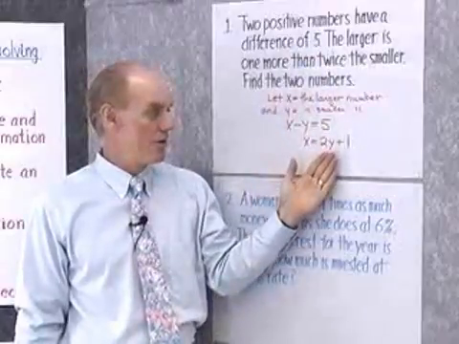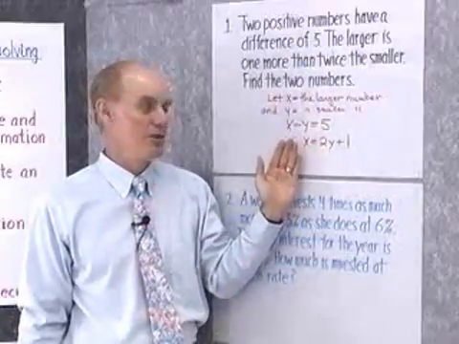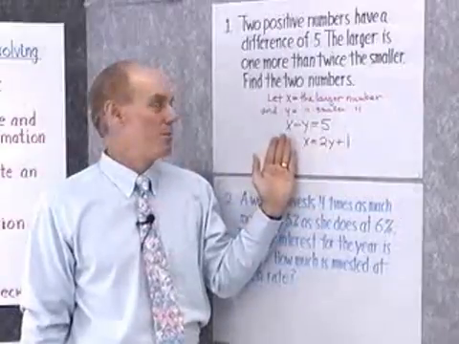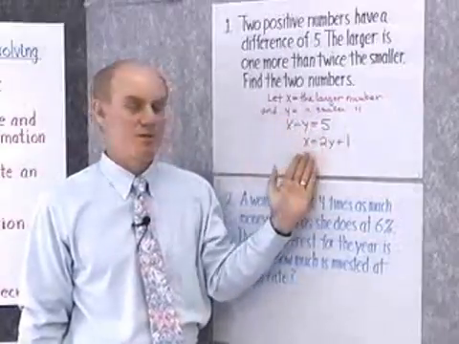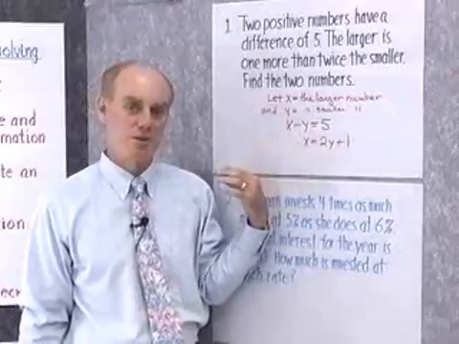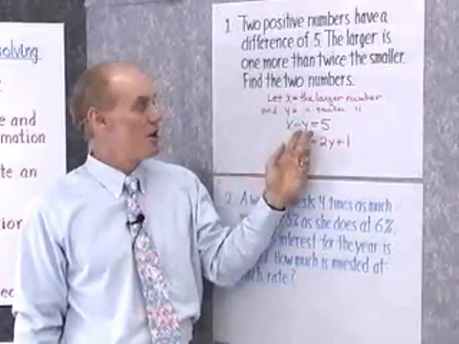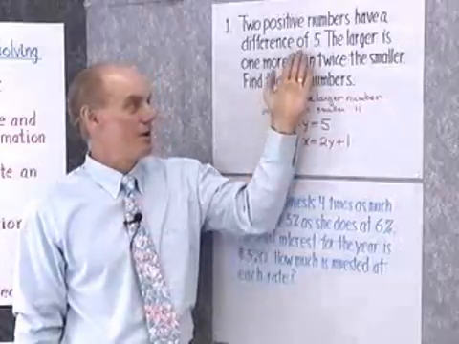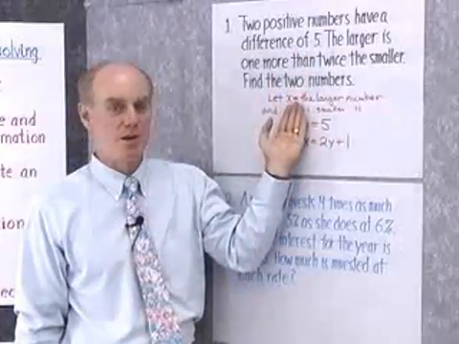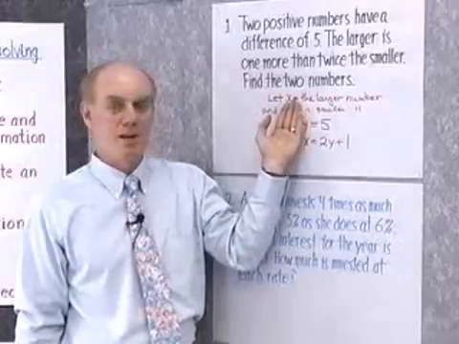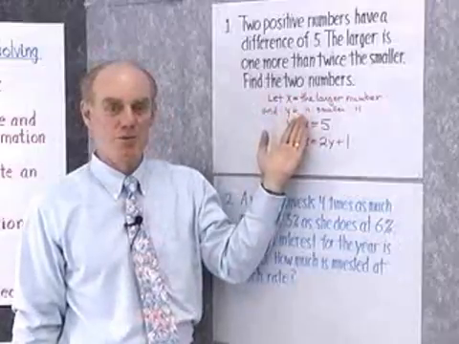Now, a lot of people seem to feel that solving application problems using systems of equations is a little easier than the way we solve them using just one equation in the previous chapter. And that's because you have two variables. So if you have two unknown quantities, let x be equal to one of the unknown quantities and the variable y equal to the other one.